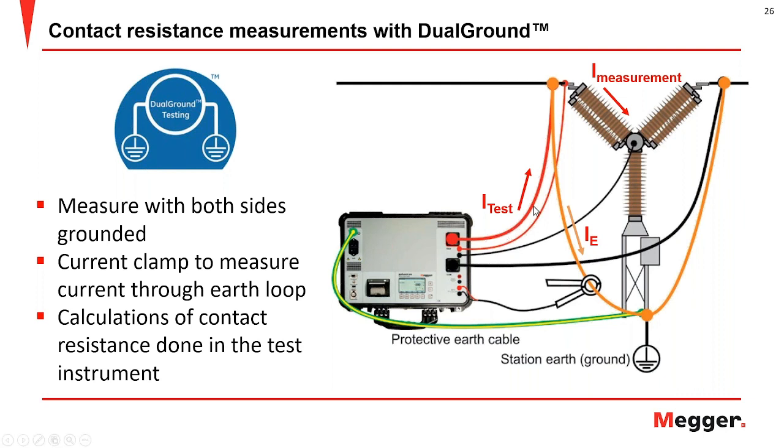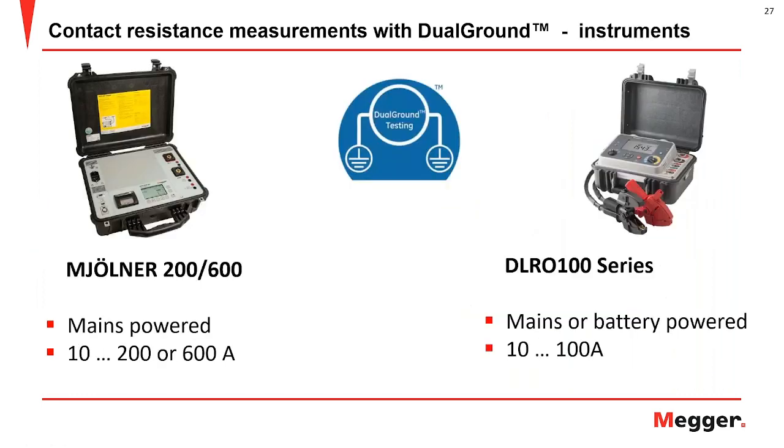So practically, knowing the current injected and the current measured by the clamp, the instrument will be able to perform an internal calculation of the real measurement current. This dual ground method is available in a number of our instruments.